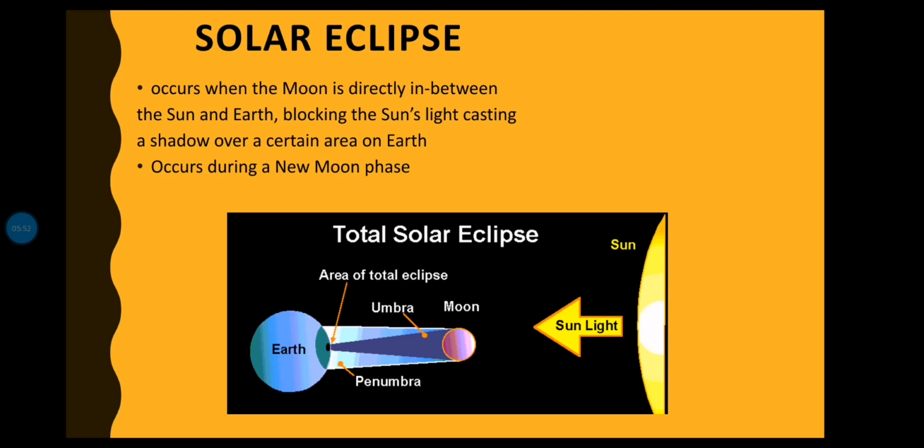The moon in this photo is blocking the sun's light and making a shadow on an area on earth. As you can see, we have two different shadows. The umbra, the dark area, and the penumbra. And this only happens when you have a new moon phase.